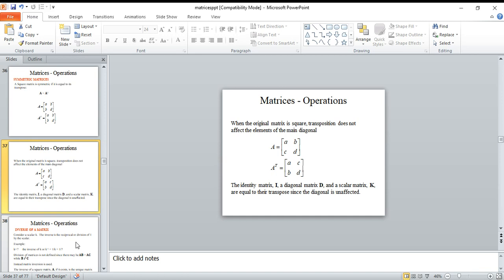The identity matrix has only diagonal elements. A diagonal matrix has only diagonal elements, other elements are zero, so A transpose and A are the same. A scalar matrix is similar to the identity matrix: the diagonal elements are the same, single value, and other elements are zero. Here also A transpose and A are equal.